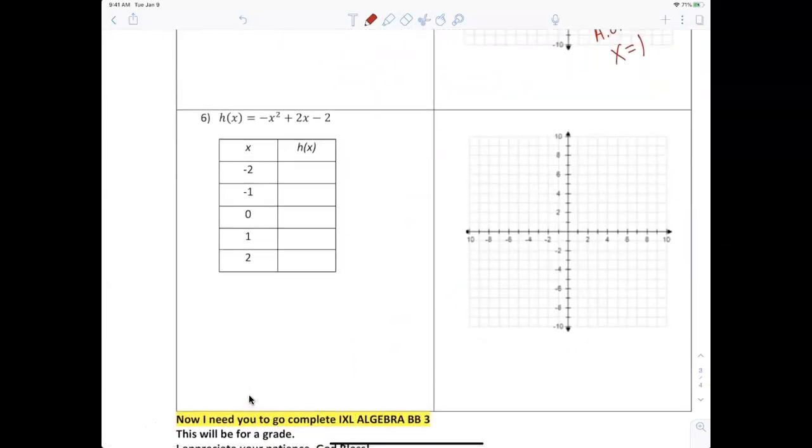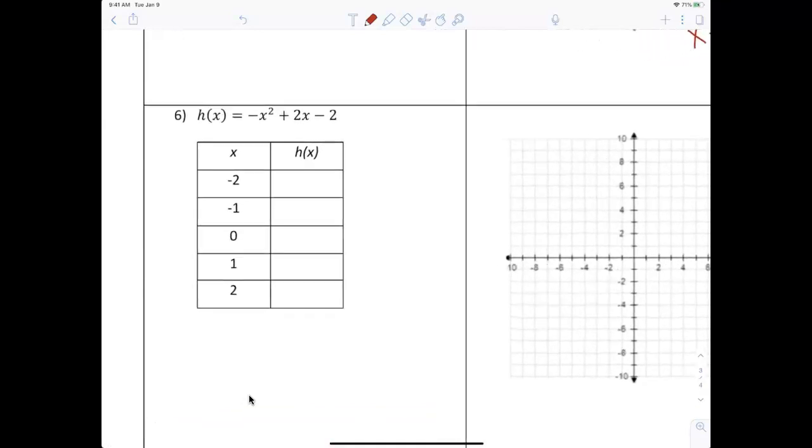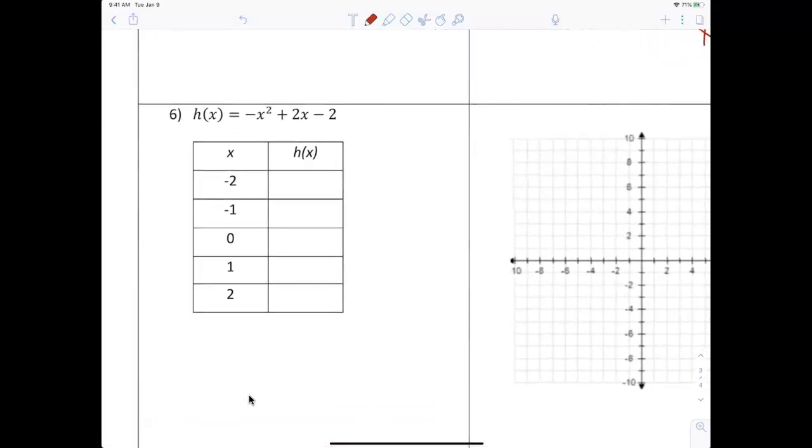With question number 6, I want to plug 0 in, because that's the easiest. So this would be 0 plus 0 minus 2, so it'd be negative 2. Then I want you to plug 1 in. Now remember, negative 1 squared plus 2 times 1 minus 2, you've got to be careful. 1 squared is 1 times negative 1.